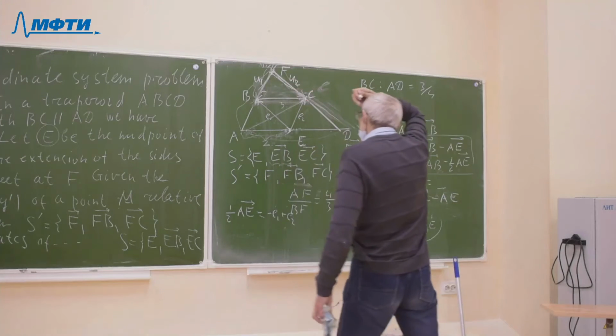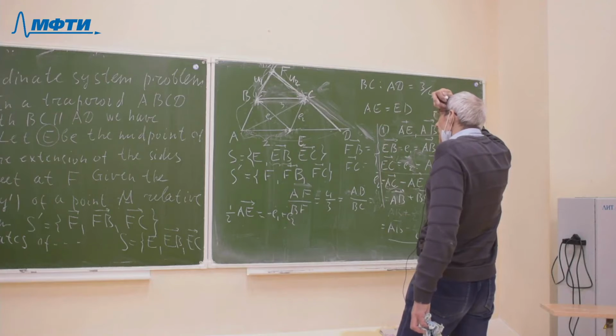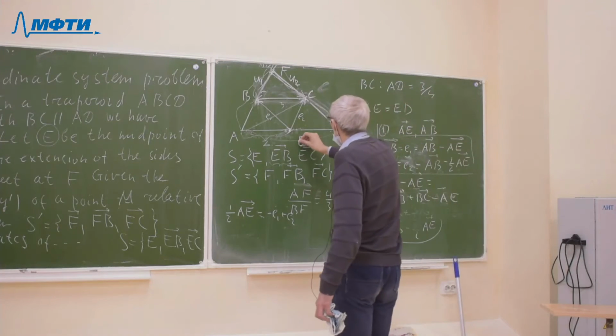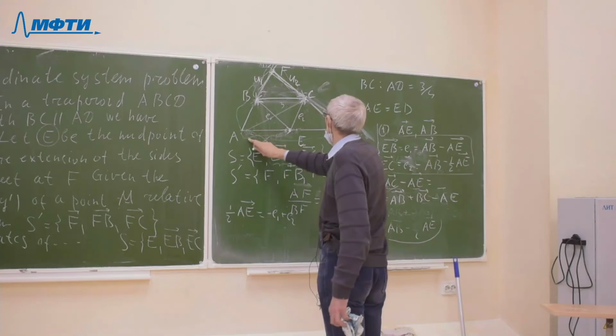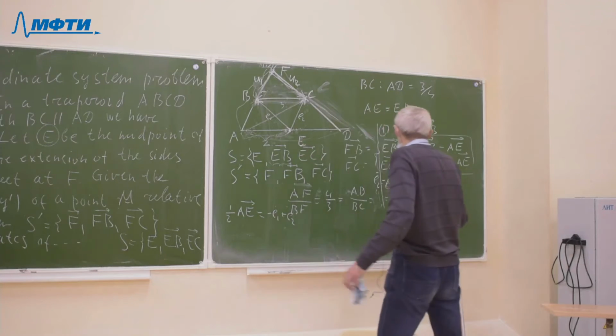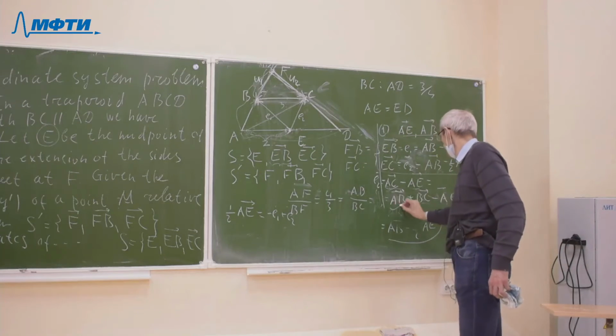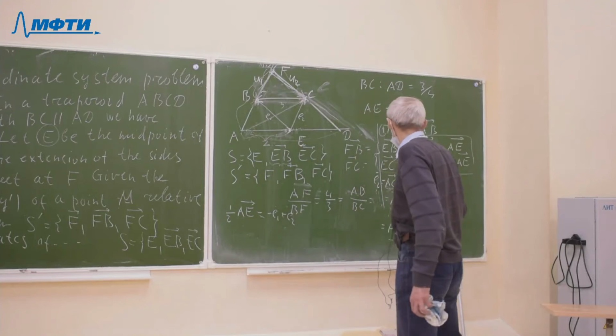AC, maybe a more simple way. We can express this one another way. AB plus BC.